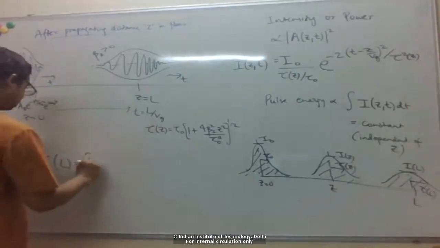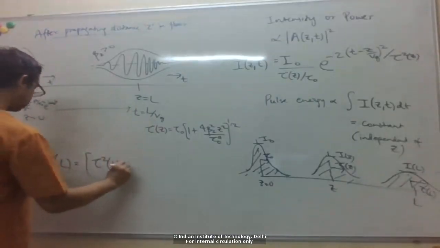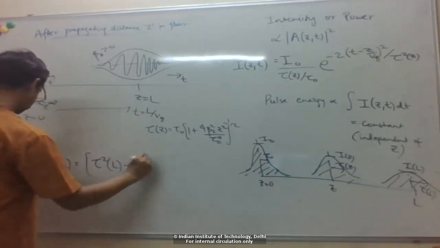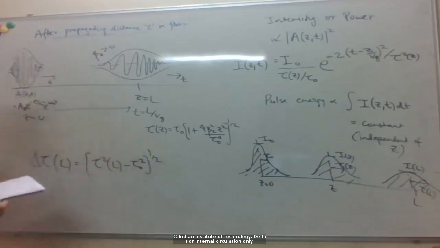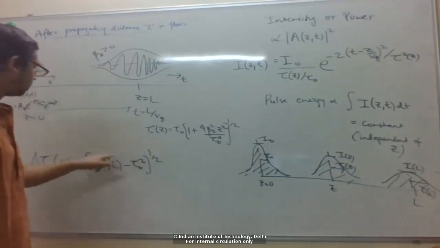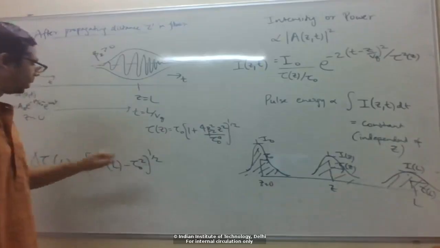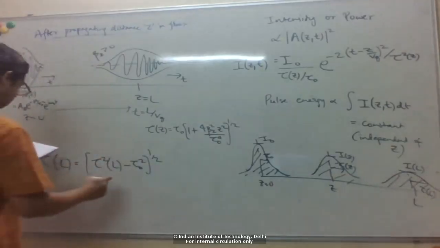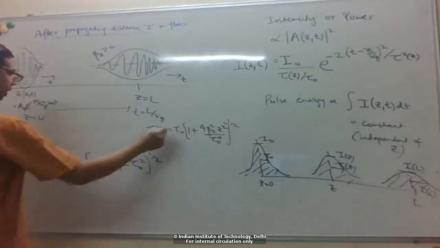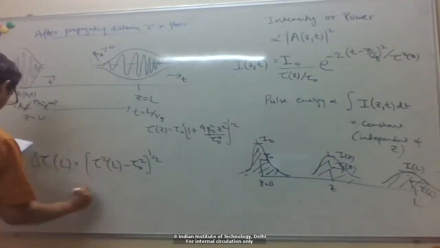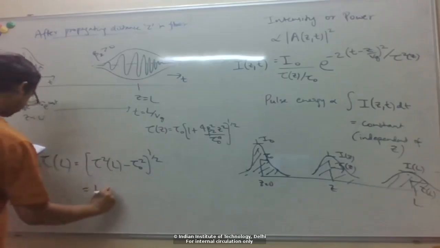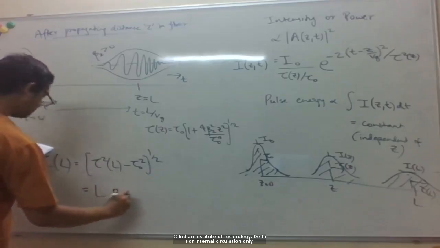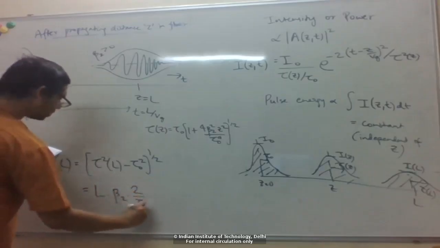You can calculate it like this. This is also known as the root mean square broadening. If you plug in the expressions here, you will get L times beta 2 times 2 over tau naught.